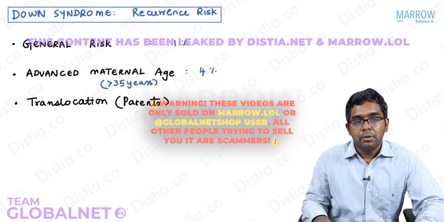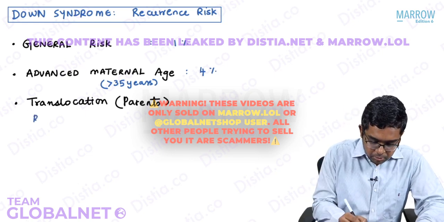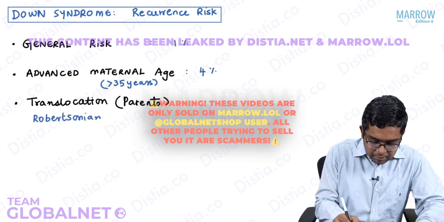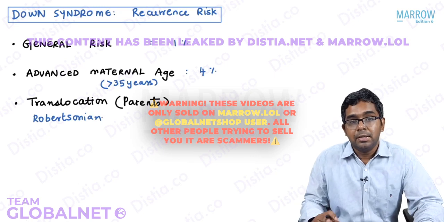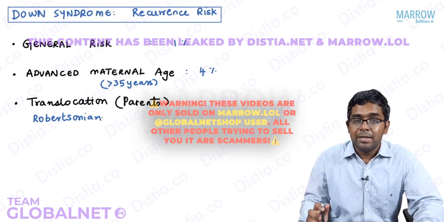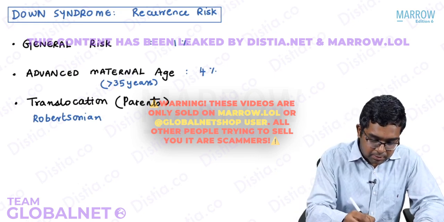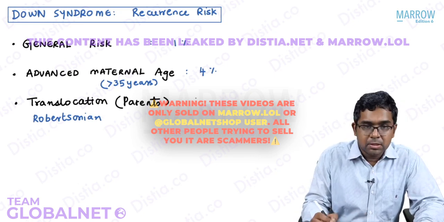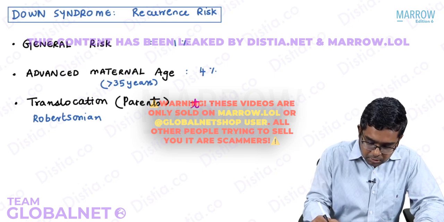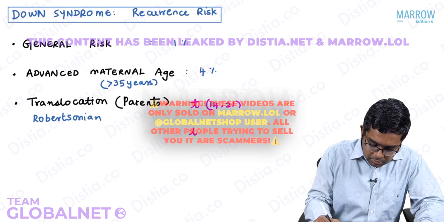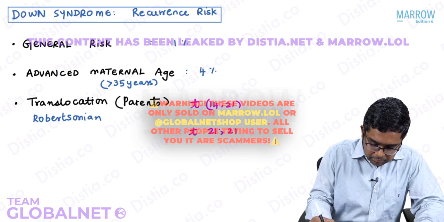However, if the parents are carrying a translocation, I am talking about Robertsonian translocation, then there is an increased risk of Down syndrome in the next pregnancy. Okay, and it depends on what type of translocation they are having. As I said before, there are two types of translocations which are possible, translocation 14-21 and translocation 21-21.